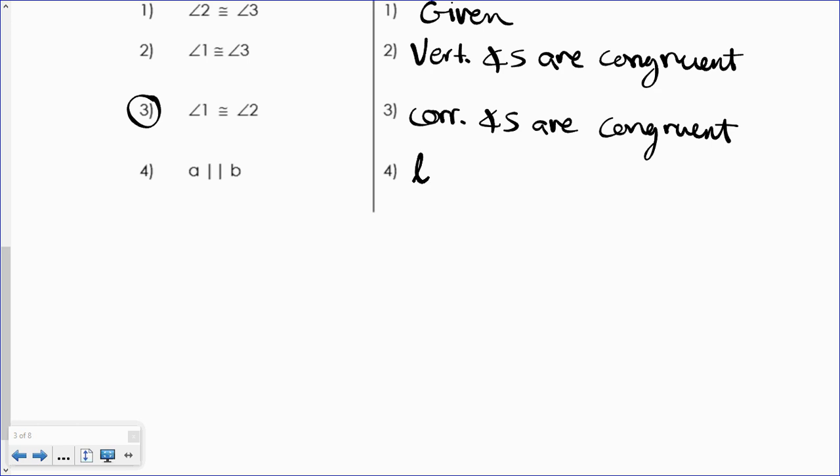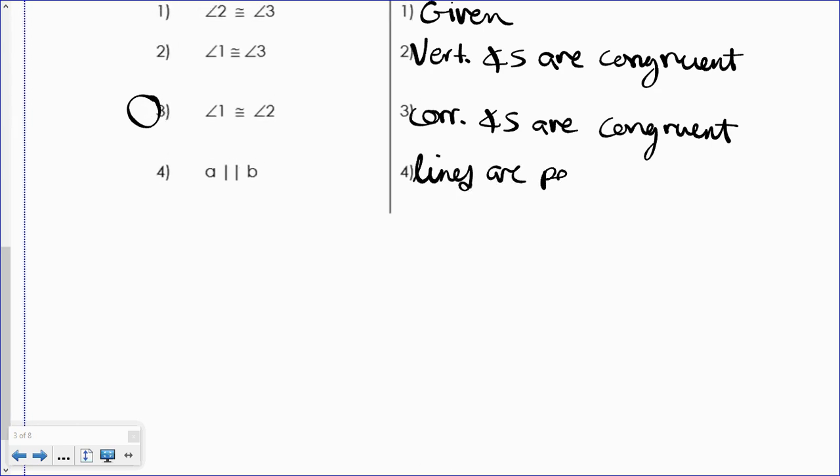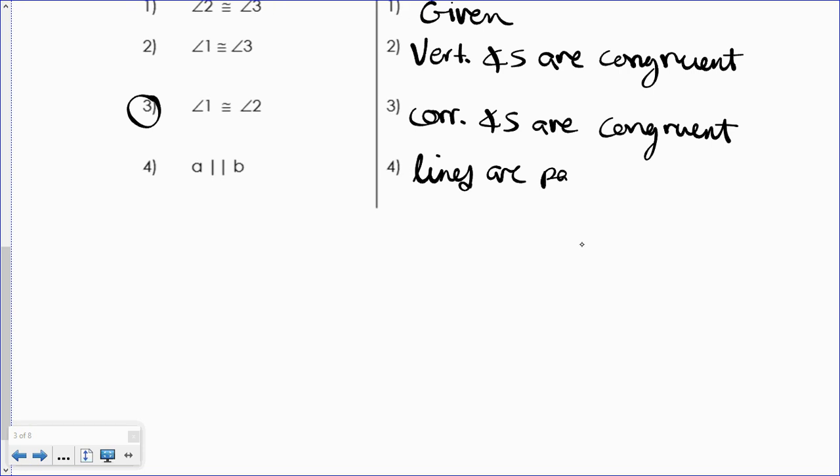Yes, you're just going to say lines are parallel because corresponding angles are congruent.